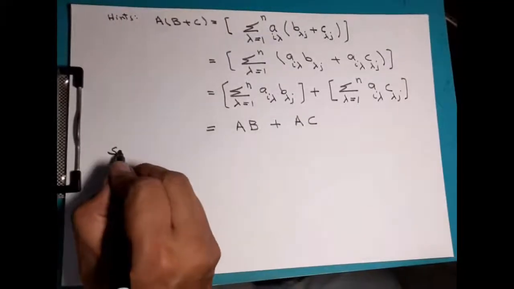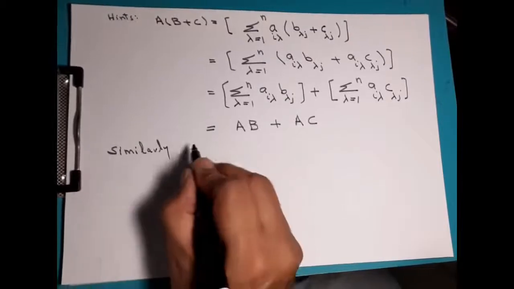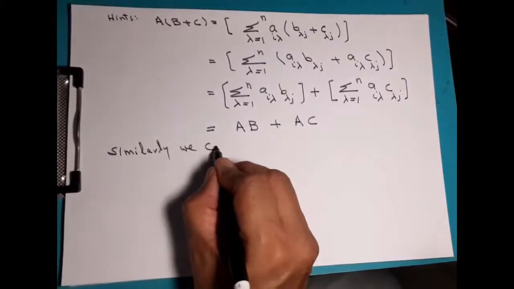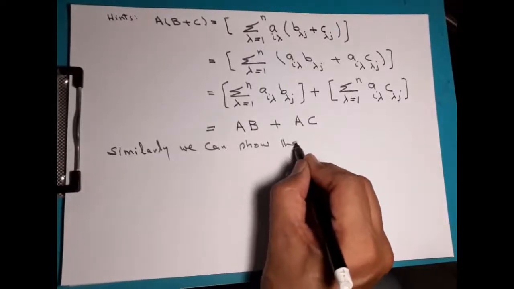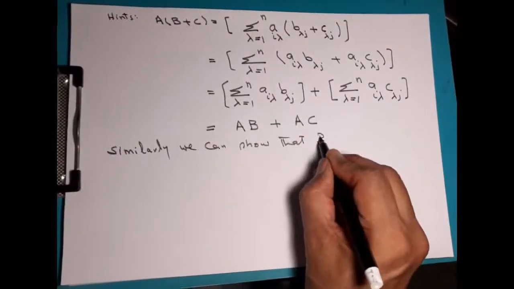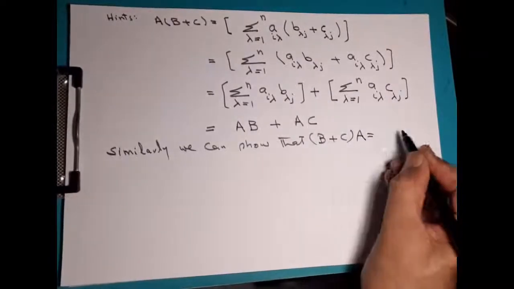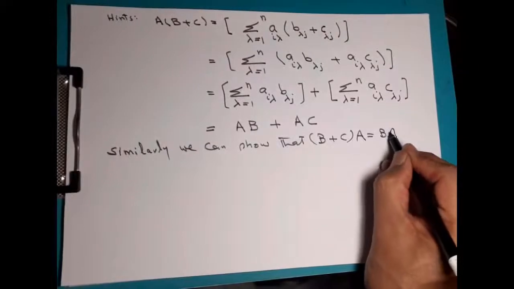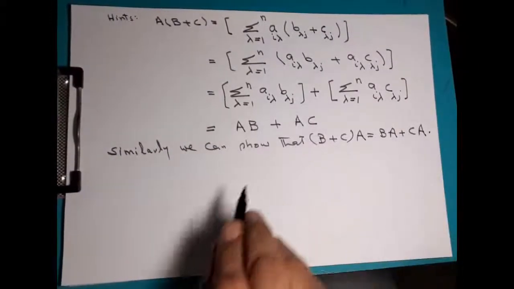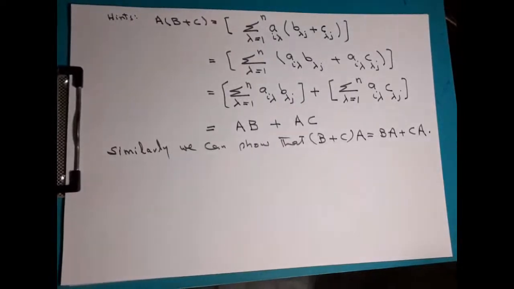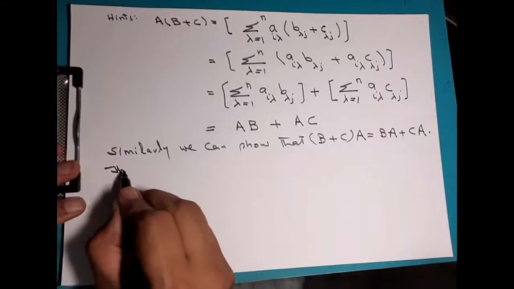Similarly, we can show that B plus C multiplied with A is equal to BA plus CA. So therefore, multiplication is distributive over addition from both sides. Therefore, distributive laws hold.